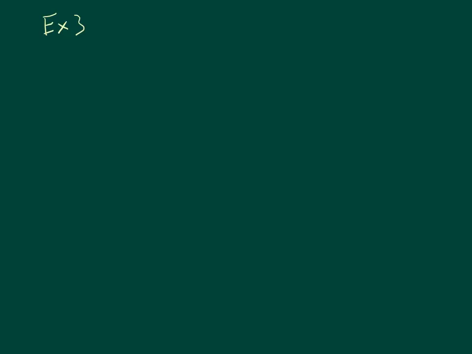Example 3, we've got 3 parts here, so you're probably going to have to squeeze it into your notes. So part A, it says find the summation where the index is 1 and the upper limit is 6 of i squared plus 1.